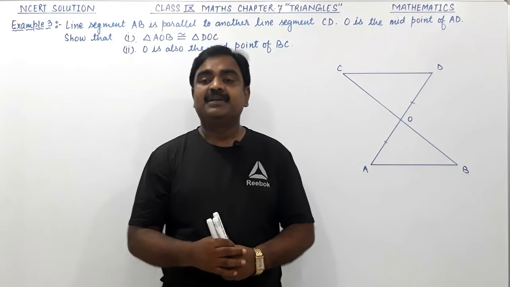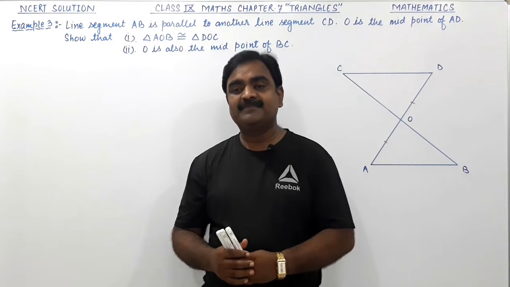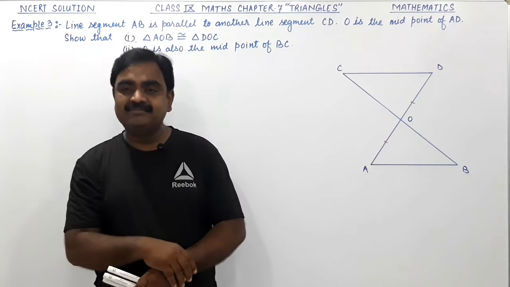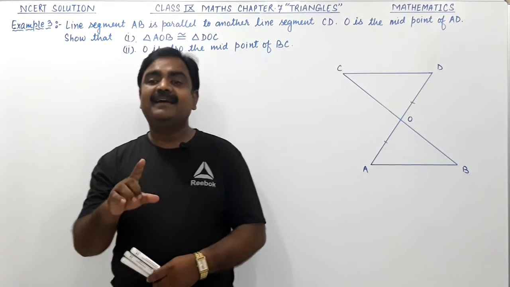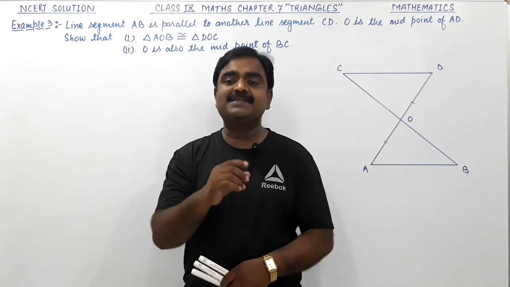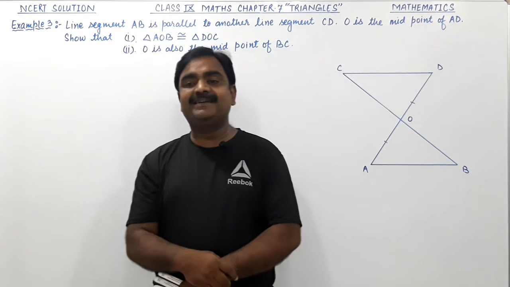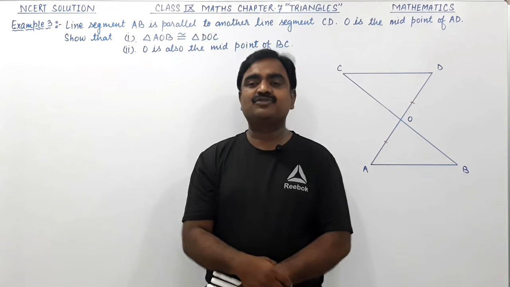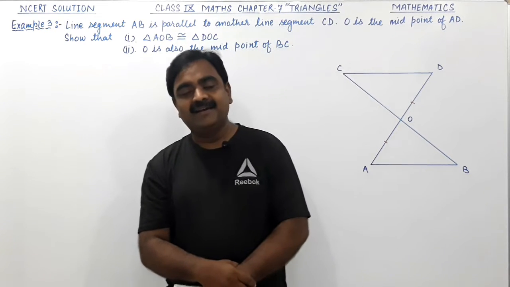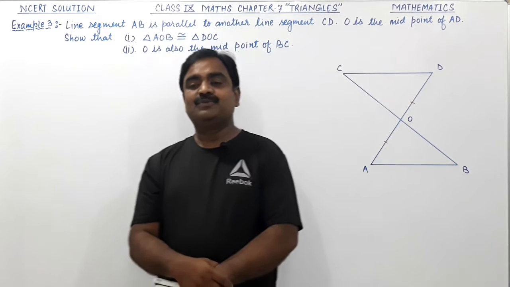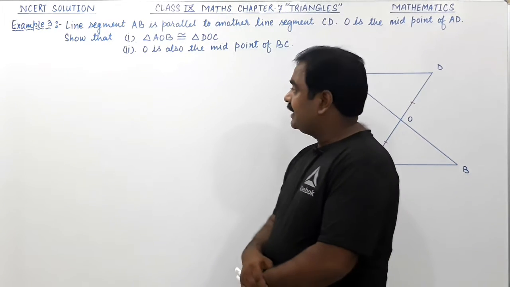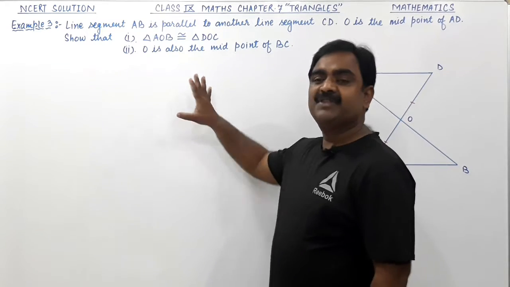But in Theorem 7.1, the angle side angle congruence rule, we can say it is also considered as an angle angle side congruence rule, and it can also be written as side angle angle congruence rule. Just keep it in mind, and based on this we are going to discuss an example.